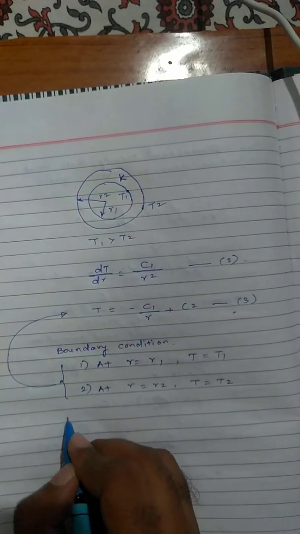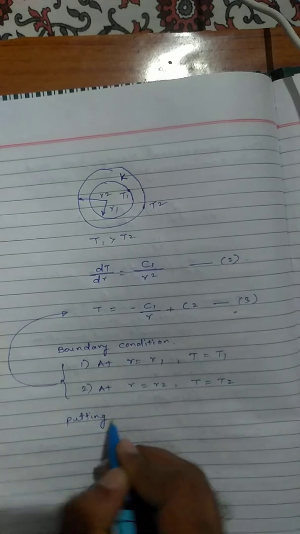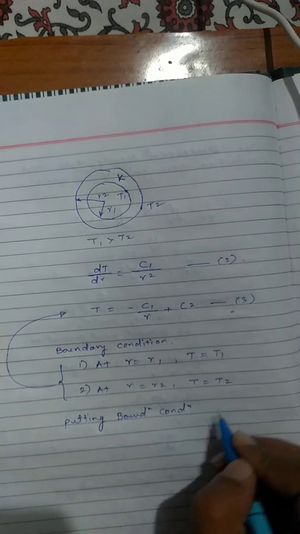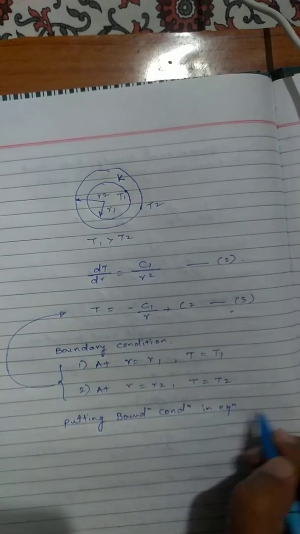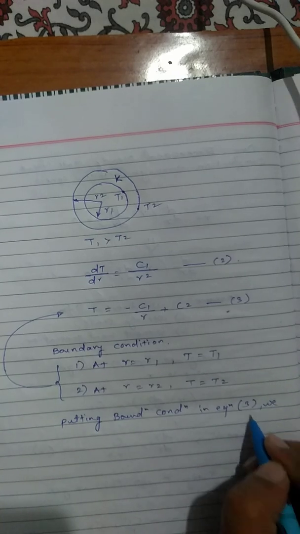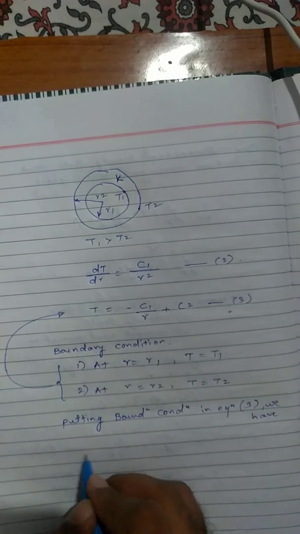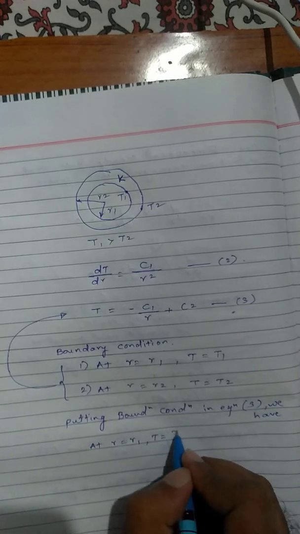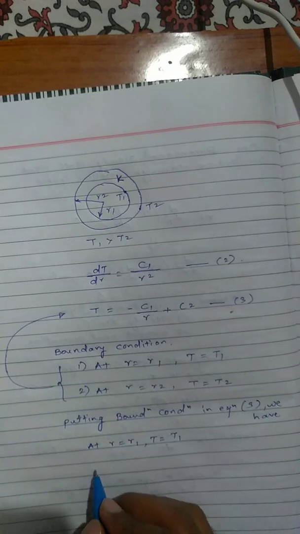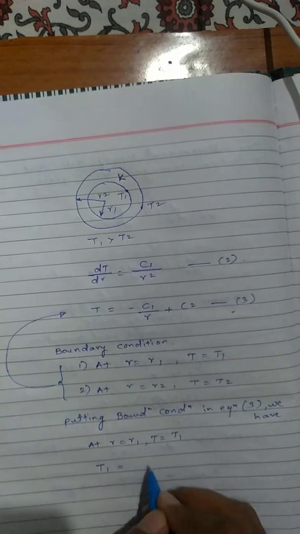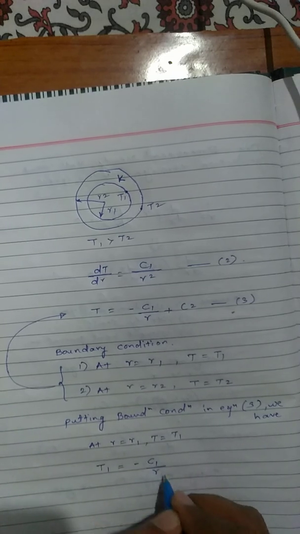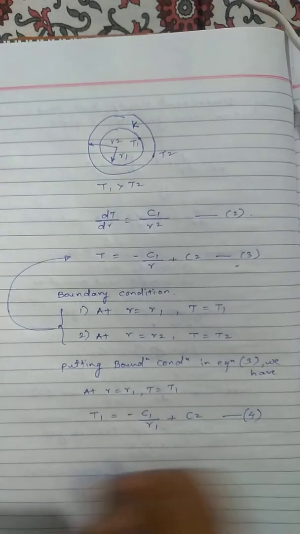So putting boundary conditions in equation 3, we have, at r equal to r1, T equal to T1, so equation 3 will be T1 equal to minus C1 divided by r1 plus C2. This will be your equation number 4.